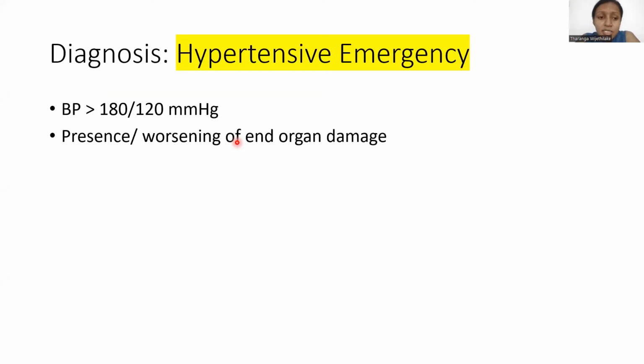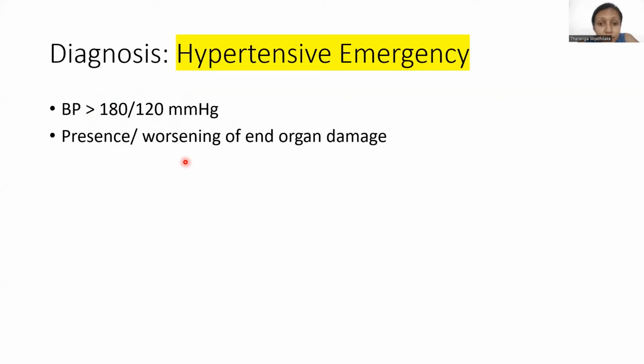You do not need to take these numbers very strictly. What the definition would tell you is a severely elevated blood pressure, usually above the range of 180 over 110 to 120.